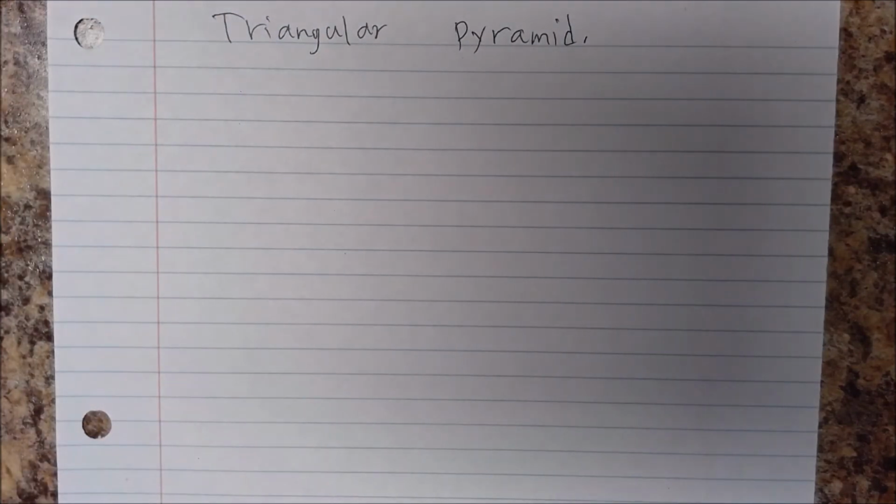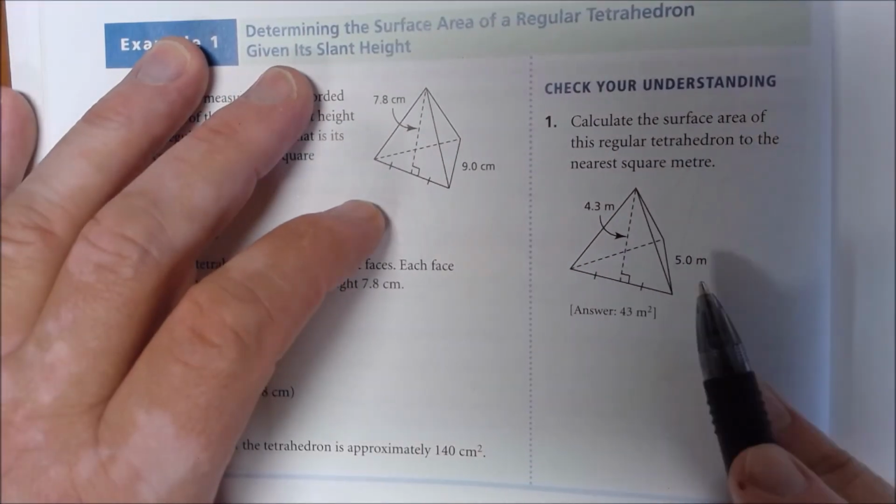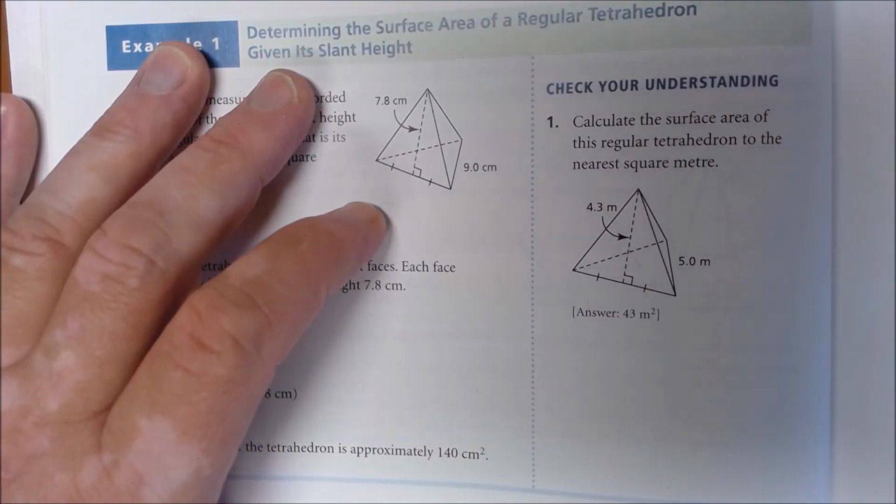The other one on 28 there. We'll do that one. So this has slant height 4.3, base of 5.